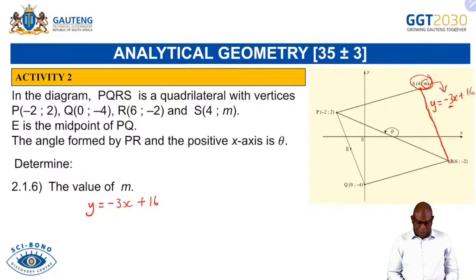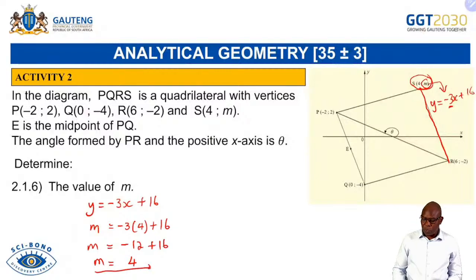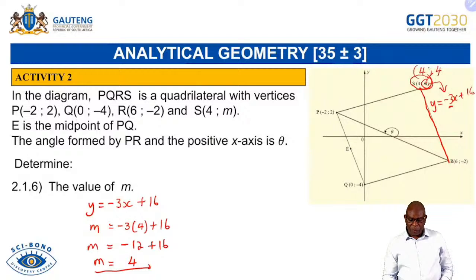So the y value is M. The x value on that point here is 4, so I'll have negative 12 plus 16. The M value will be equal to 4. So I can then substitute that value there by 4. My coordinates there will be 4 and 4.